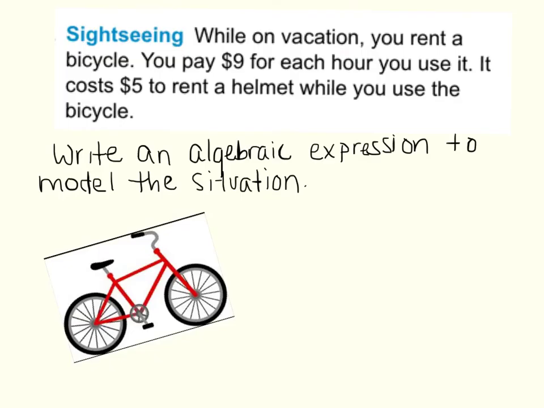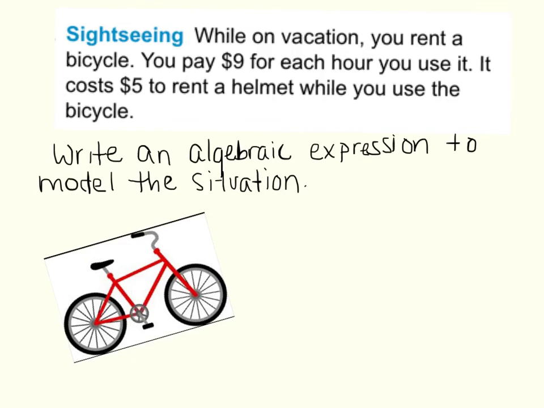So what does this actually all mean? Why do we need to know this? Let's say you're on vacation and you rent a bicycle. You pay $9 for each hour you use it, and it costs $5 to rent a helmet while you use the bicycle.